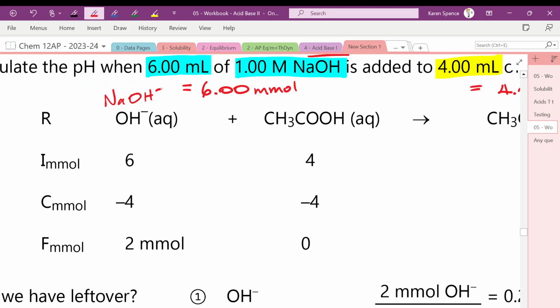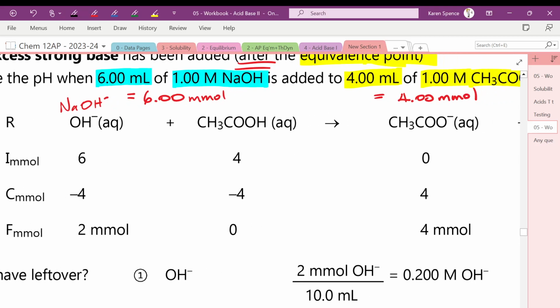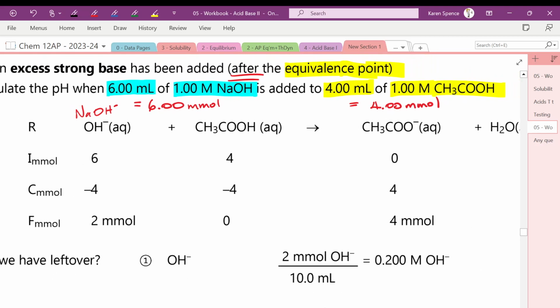But do you see how it's nice not to have sodium kicking around in this equation? If we put sodium over here and got rid of that charge, it kind of hides the fact that you have the conjugate base. It's more obvious that you have the conjugate base if we don't have that sodium.